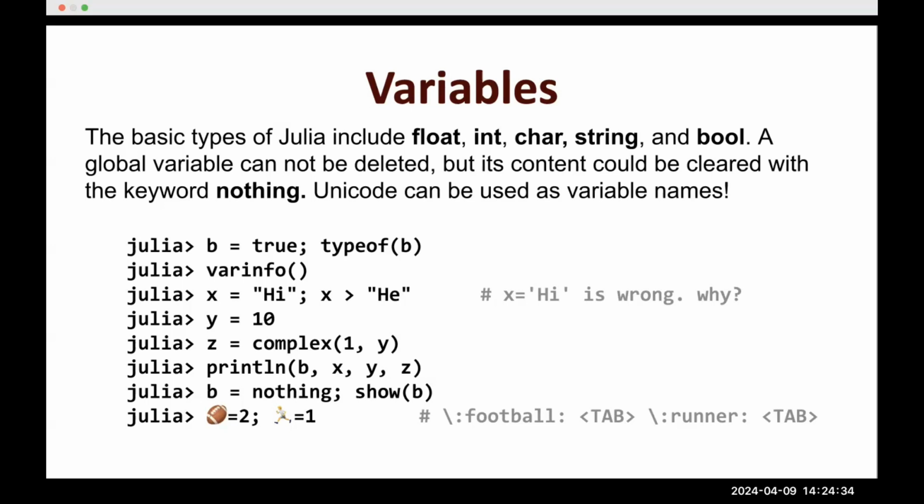And at the bottom, you can have a football. I'm sorry, if you want to have this emoji, you need to have a colon. I tried this, but I forgot to put in the colon here. You put a colon, football, colon, and a tab, and you'll get a football icon printed out, which will be treated and used as a variable. For the machine, it doesn't really make any difference. Think about it. For B here, B itself is entirely treated as some numerical value stored, representing the particular variable. It's just a numerical value, but we can see it's B because it's printed out as a B on our screen.